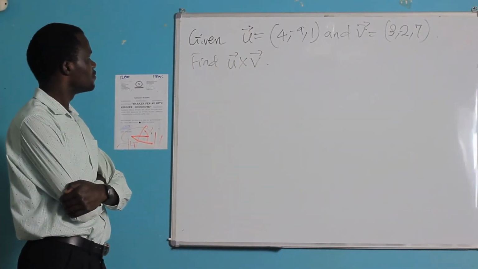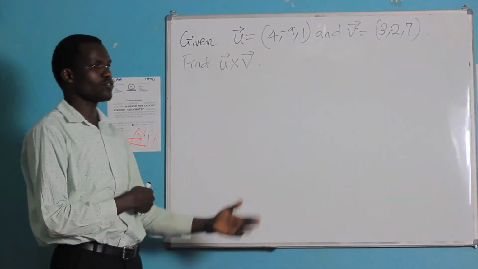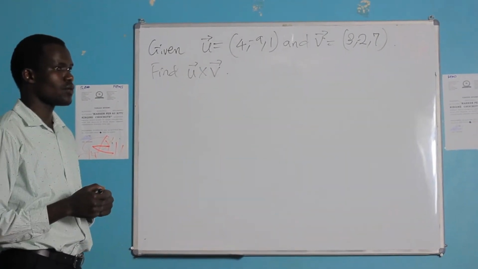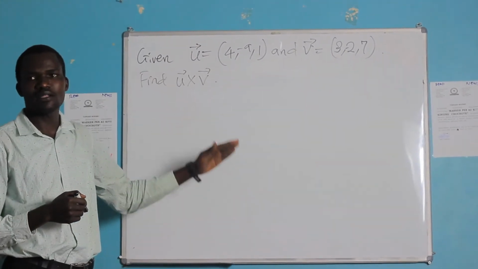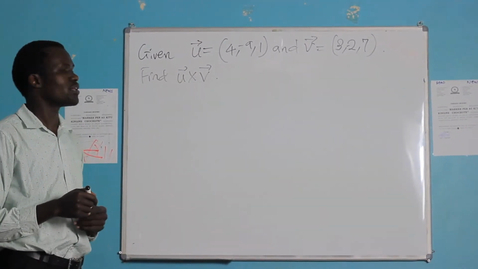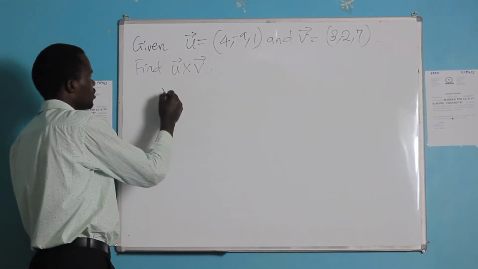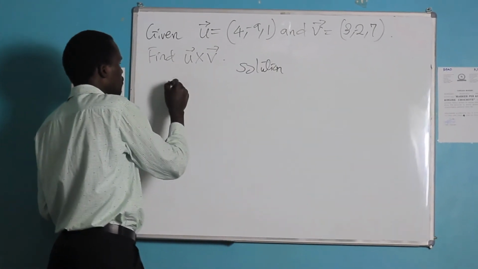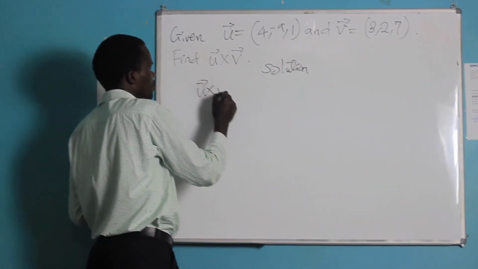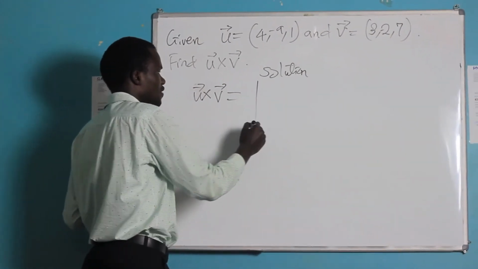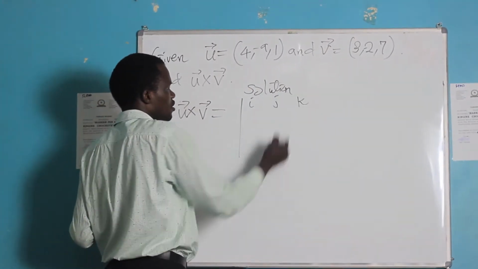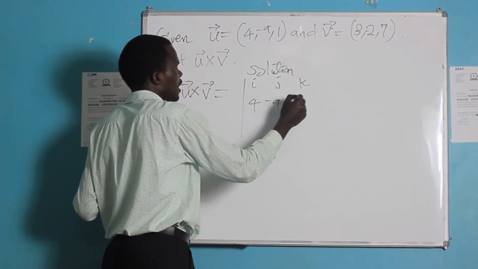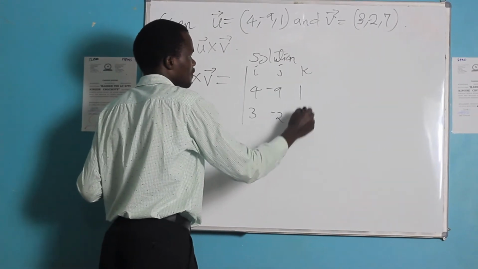Dear students, here we have two vectors in 3 dimensions, vector u and vector v. We are required to find the cross product between the two vectors. From the definition, the cross product of the two vectors is defined by i, j, k, which are unit vectors, then u: 4, -9, 1, and v: 3, -2, 7.